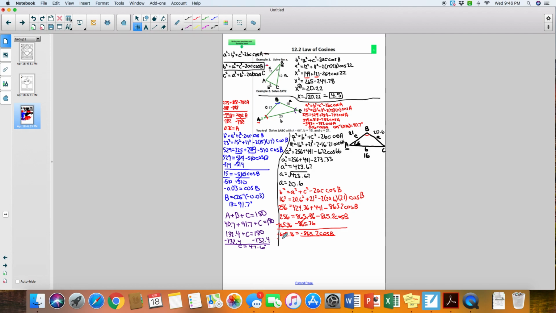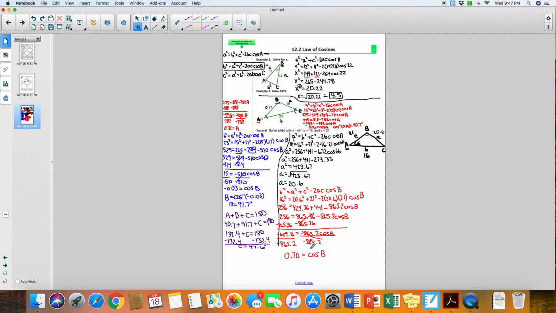So I would divide negative 865.2 on both sides, and this will cancel out. I would get 609.36 divided by 865.2, which is positive 0.70. So that will equal cosine B.